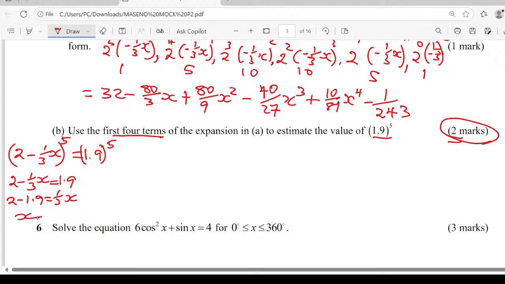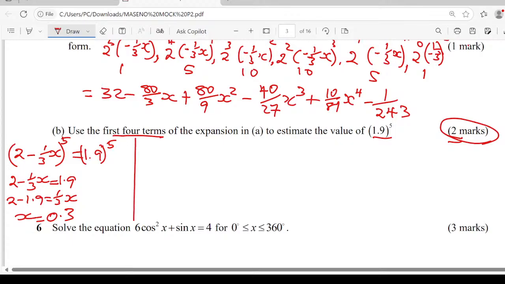Therefore, the value of x is 2 minus 1.95, multiplied by 3, which is 0.3. Just for getting this value of x, you solve for x and you get your first mark. That one doesn't even need a calculator, so don't leave such marks.